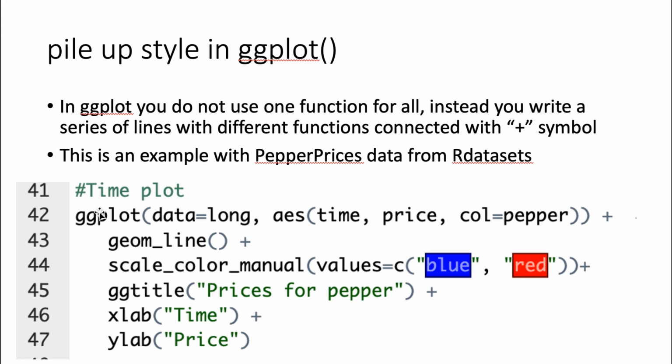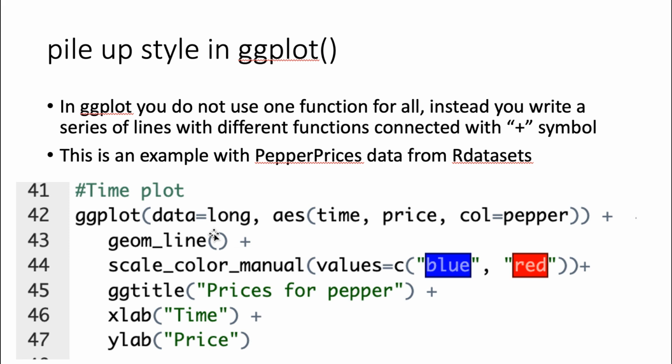If you only write one line, there will be no figure. What you have to do, you have to add plus at the end, which means and, not add. And then you say, for instance, geometric line, and then geometric line will appear. Indeed, it will be a line plot. And if it's not enough, you say plus, give me custom colors, plus, give me a title, plus, give me an X label plus a Y label, and it can go on and on. So it's all inside out.